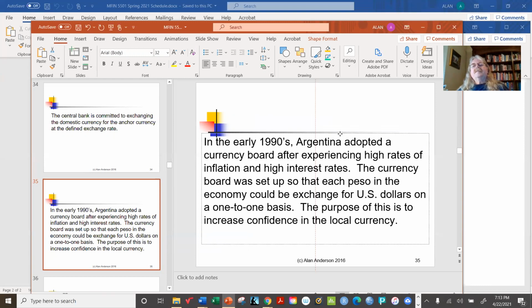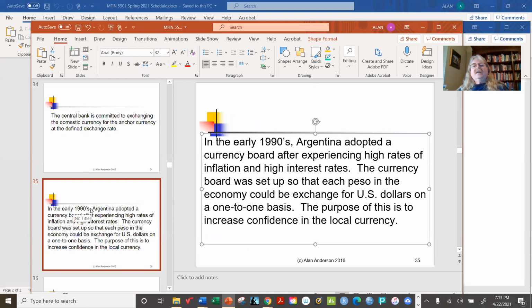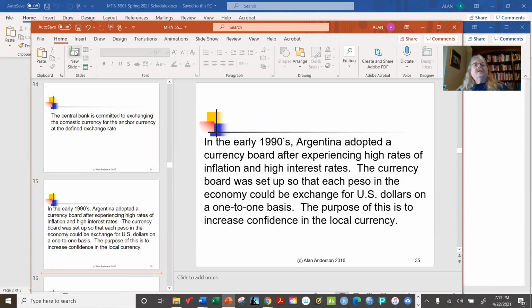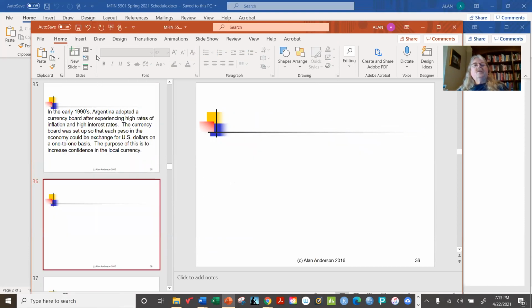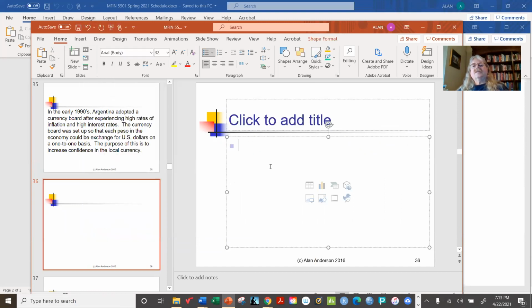So what do I care? As long as I can get dollars anytime I want to. And so it presumably provides more confidence in the country's economic system.